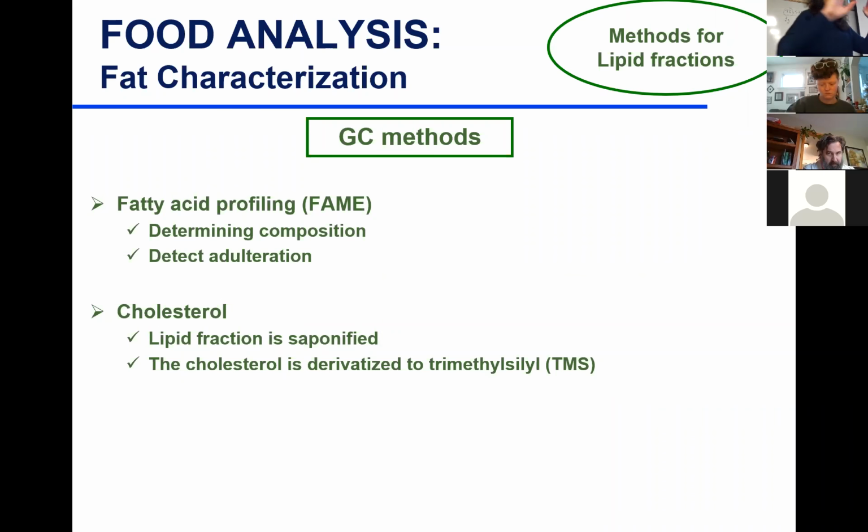Here you don't methylate; you just saponify without any methylating reagent. You take the cholesterol, derivatize it, and then measure it by GC analysis.